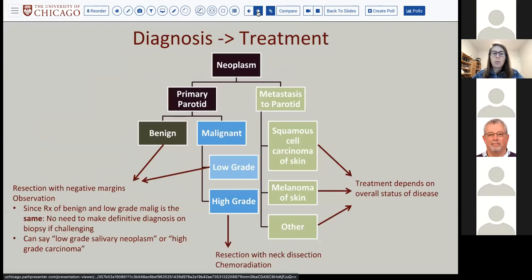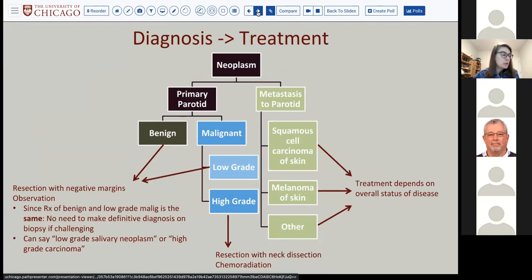All right, so once a lesion is thought to be a salivary neoplasm, it's helpful to determine whether it's primary parotid or metastasis to parotid. I guess I should rephrase that: any of the salivary regions, right? Parotid, submandibular, both have lymph nodes in and around the glandular parenchyma.